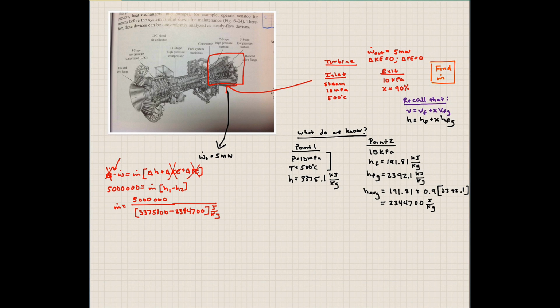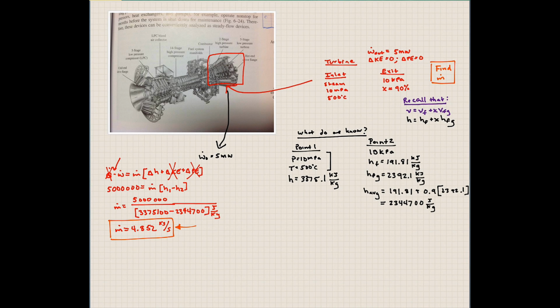So I converted those values to joules that we talked about earlier. So solving for this, we get 4.852 kilograms per second. So that's the value that we need in order to meet all of the requirements set by the first law of thermodynamics.